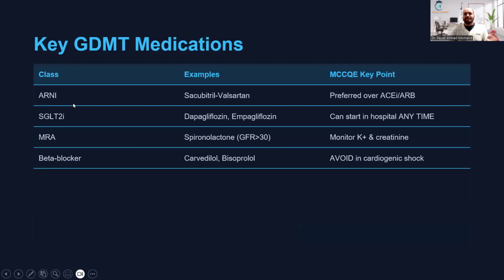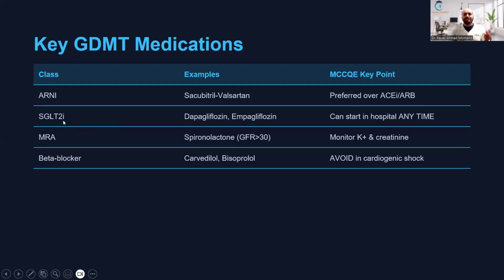Now, the medications in these groups. ARNI, angiotensin receptor neprilysin inhibitor: sacubitril is a neprilysin inhibitor, and valsartan, we all know, is an ARB. For MCCQE, remember, this combination is preferred over an ACE inhibitor or ARB alone, unless there is a contraindication. SGLT2 inhibitors are medications that bring down sugars in diabetes.